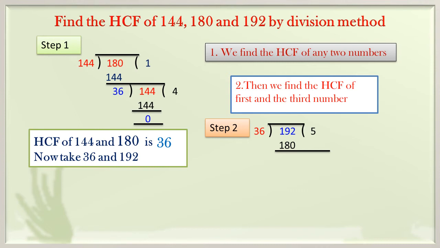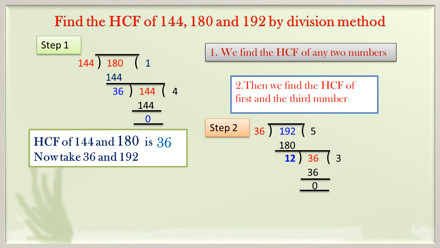So 192 is divided by 36. How many times do we have 36 in 192? We have 5 times. So 5 36s are 180. Now we find the remainder, that is 12.